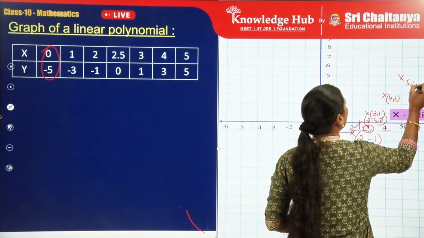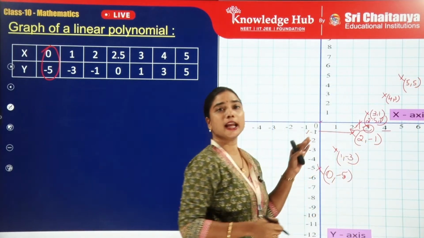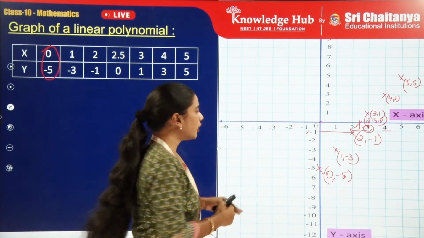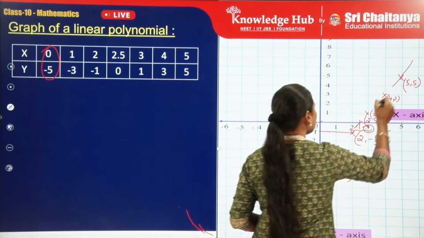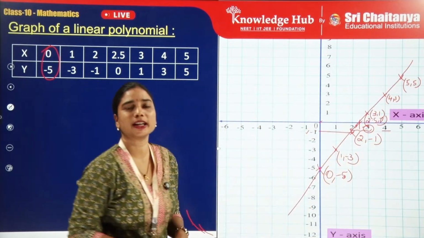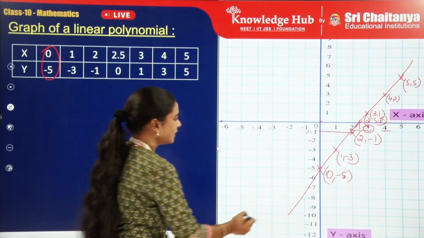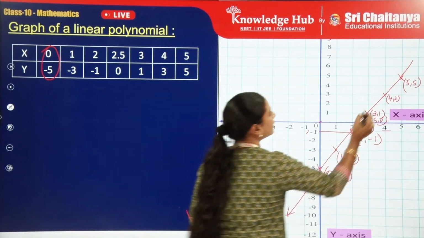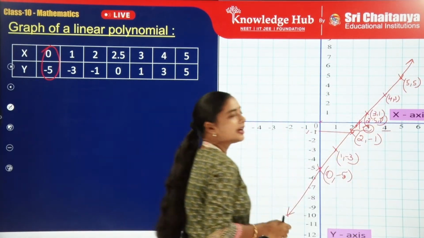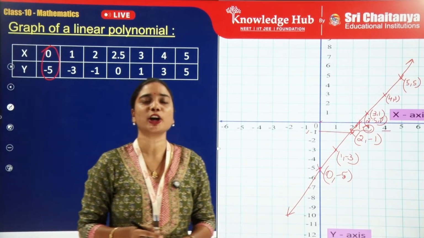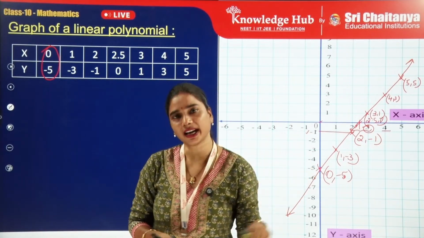Now don't forget to write down the names of the points also. Join all these points together like this and you will get a straight line. So from this what can we tell? The graph of a linear polynomial is a straight line.